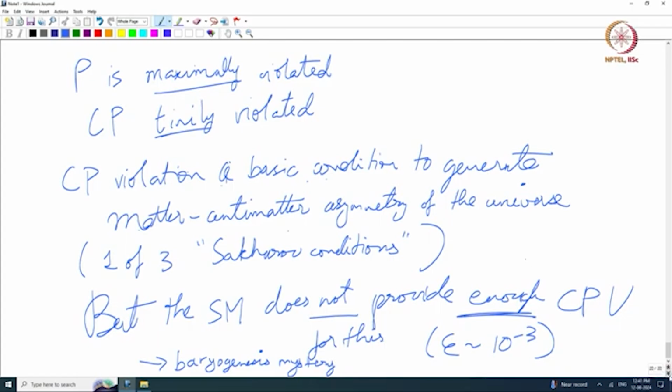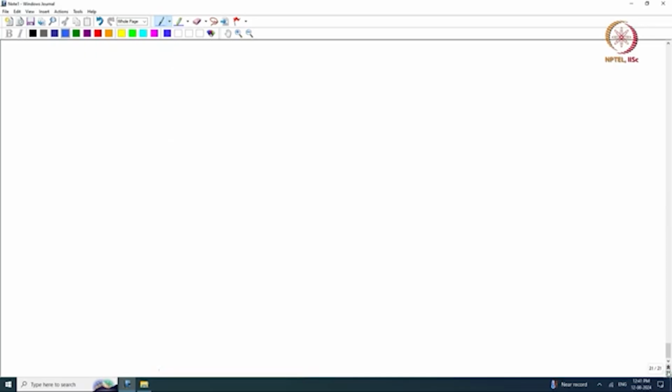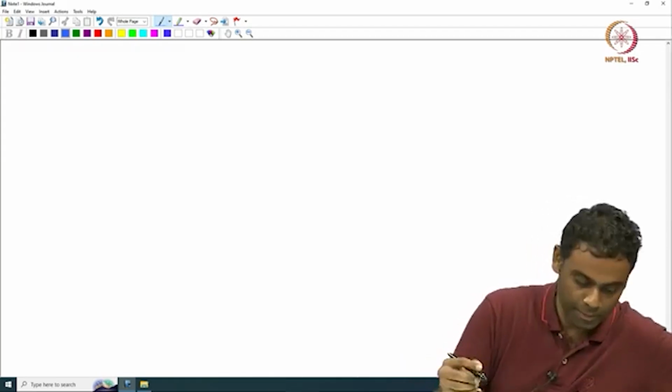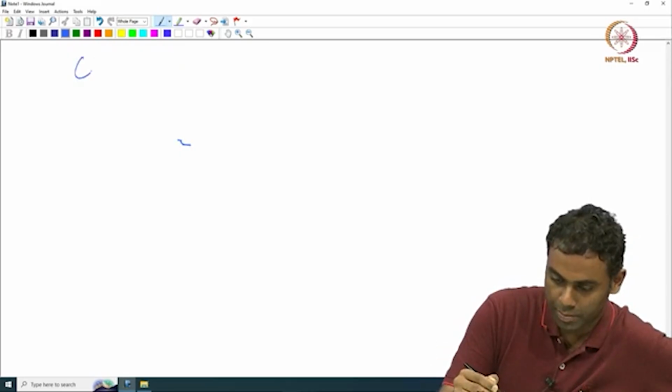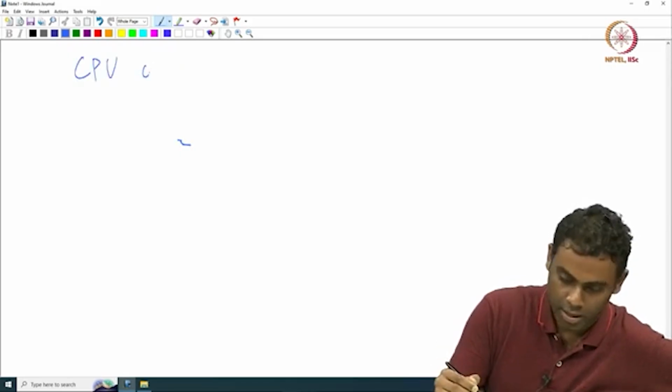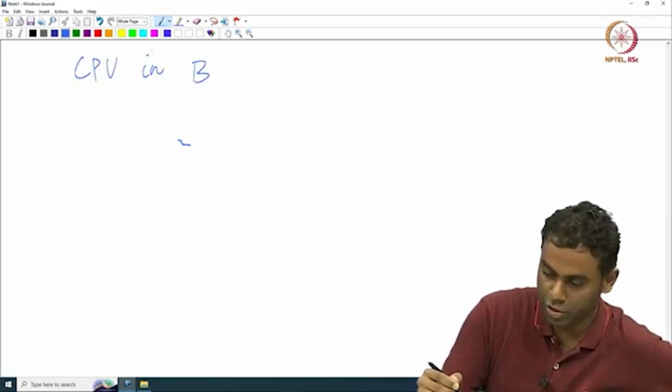Okay, it could have been the strong interactions, but even the strong interactions seem to be not giving you any CP violation, although you expect a lot, right? So it's all very mysterious actually. It's all very, very exciting, very mysterious. Okay, and of course people have observed CP violation in B0 systems.